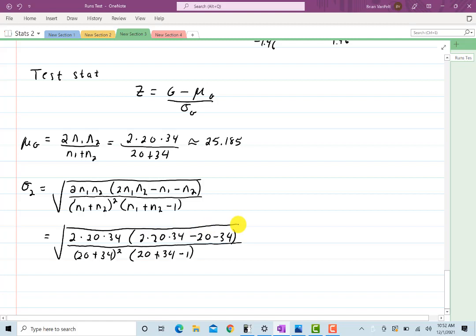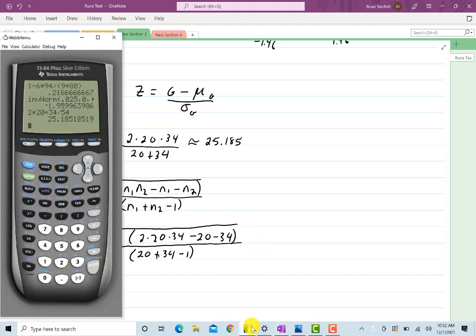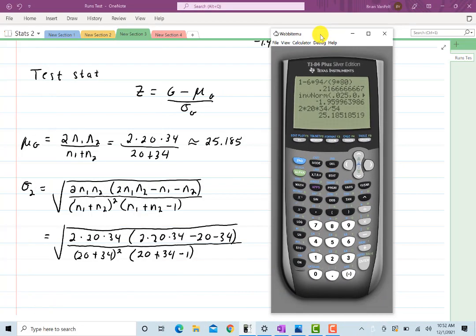Now, you can do this in a number of ways on the calculator. I'm just going to try to do it in one shot and see what happens. You can probably cut it into pieces if you think this is too much to do in one shot. But let me go ahead and start my square root. And then I'm going to have my 2 times 20 times 34.